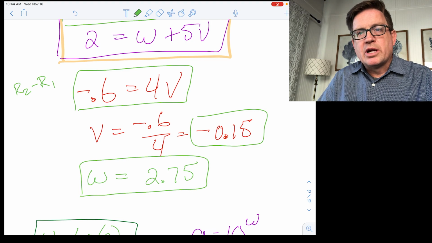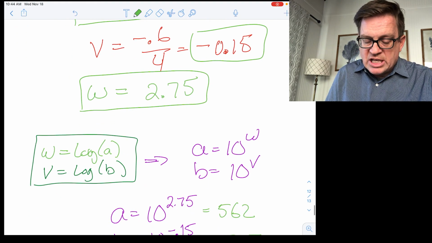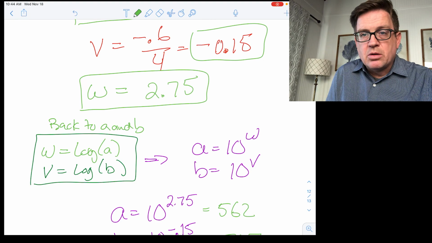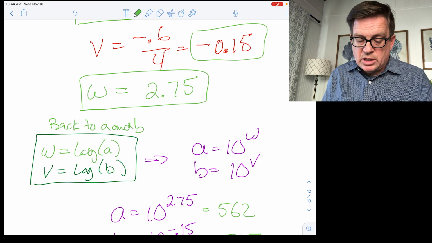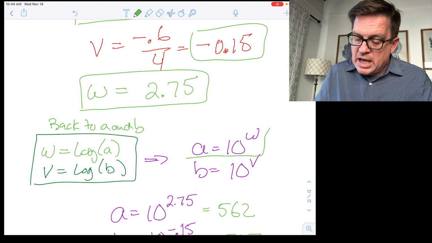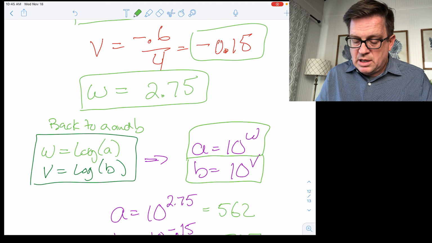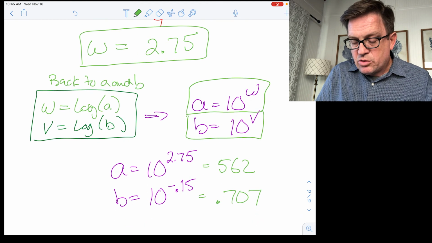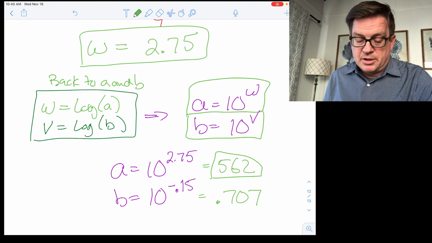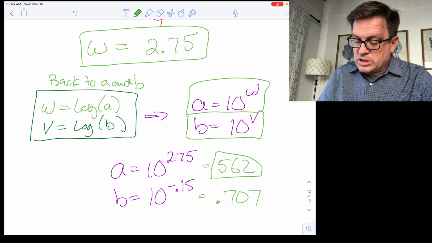But those weren't the variables I wanted. I wanted a and b. So how can I change back to a and b? Well, I use my relationship between a and b and w and v. If w is log of a, then a is 10 to the w, and b is 10 to the v. And 10 to the 2.75 is 562, the same answer we got for a in the original case, when we did exponential equations.